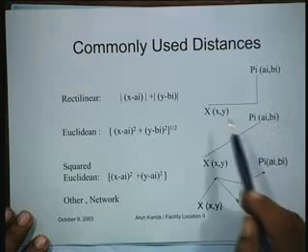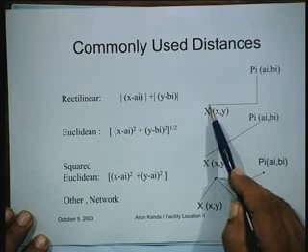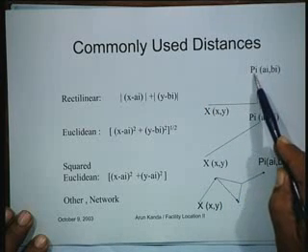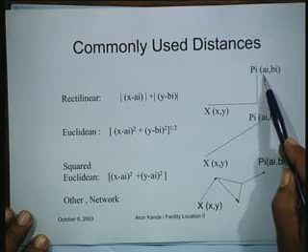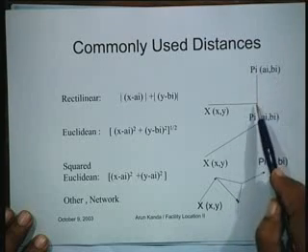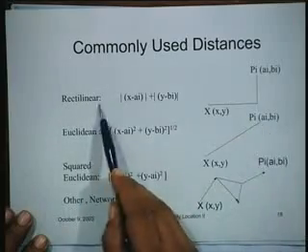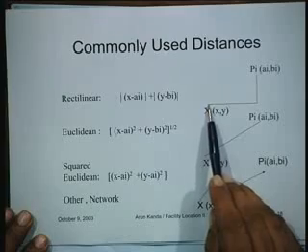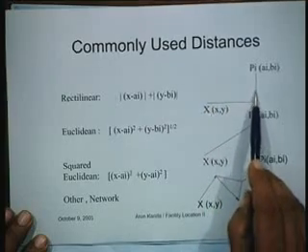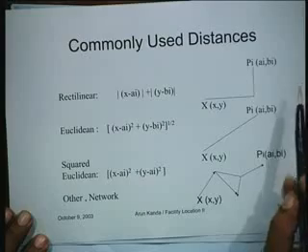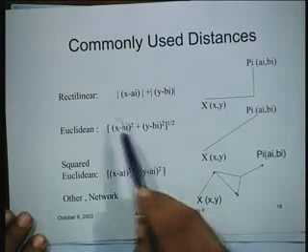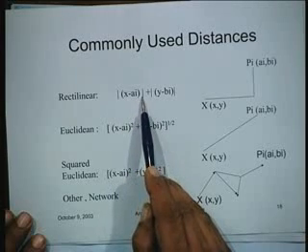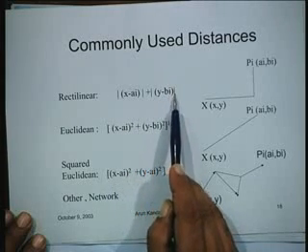For instance, if the location of the new facility is at x, y and the ith existing facility is located at the point Pi, which has coordinates ai, bi, then the rectilinear distance between these 2 points is this distance and then this distance. Mathematically, the rectilinear distance is represented by |x minus ai| plus |y minus bi|.